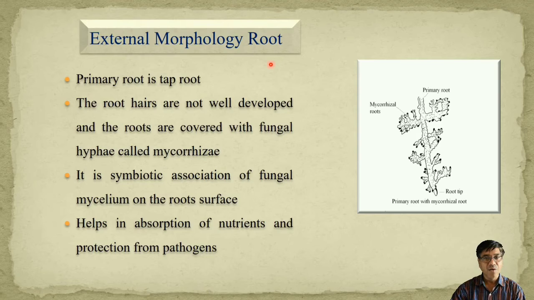Pinus has a well developed primary root, a taproot, and it is quite prominent but does not penetrate deep into the soil due to the presence of rocks. Lateral branches are well developed, grow extensively and help in the fixation of the plant in the soil.